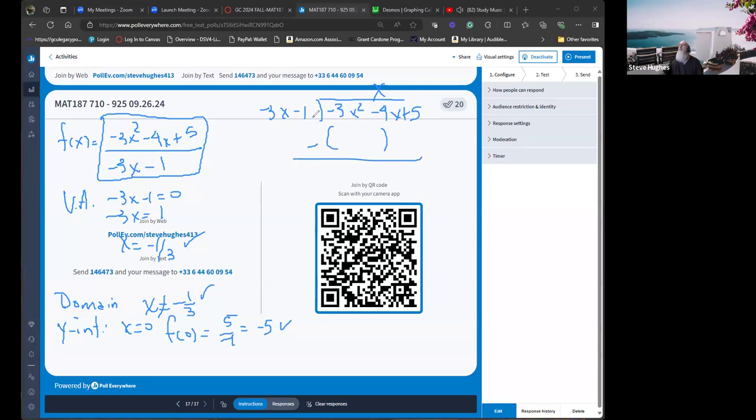X times negative 3x is negative 3x squared. X times negative 1 is negative x. Add and I get negative 3x. Negative 3x goes to negative 3x plus 1. So that would be x plus 1. So something's different there. That's kind of weird.